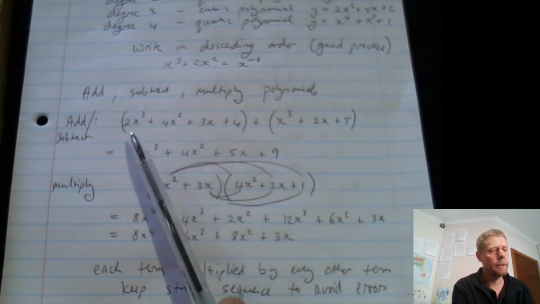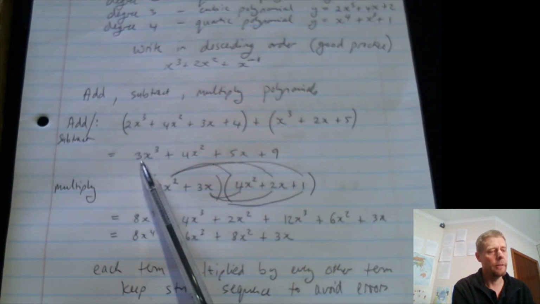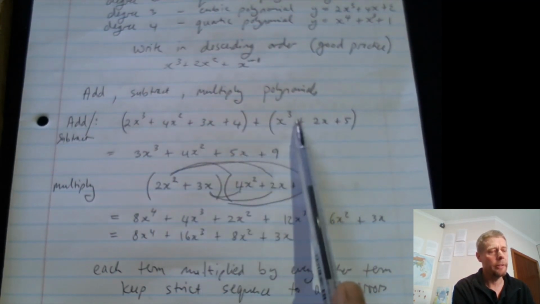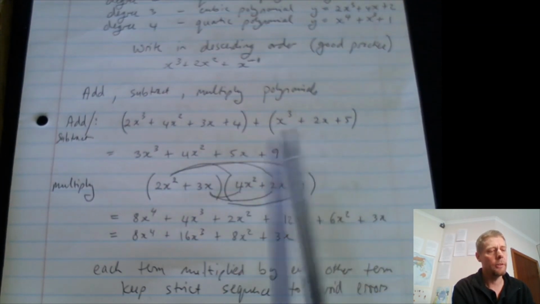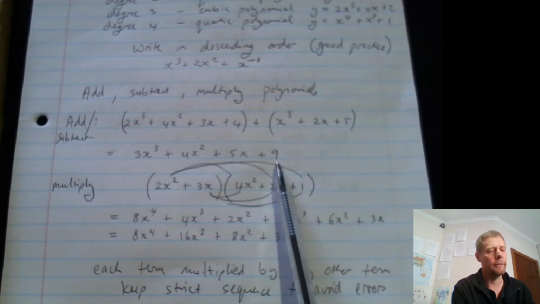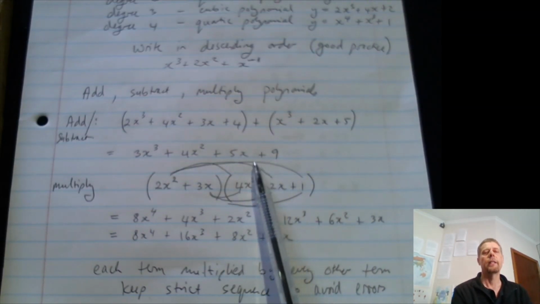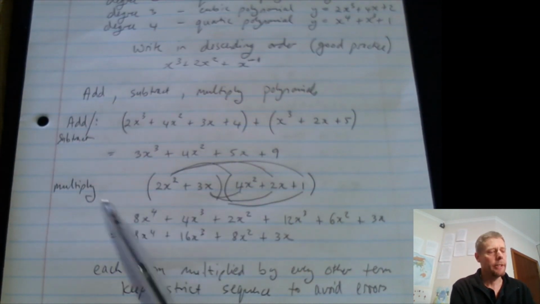And when we add them, it's 2 plus 1 gives you the 3x to the cube. Then we get 4 plus 0, because there's no x squared, remains 4x squared. 3 plus 2, 5, and 4 plus 5 is 9. So adding and subtracting is done in much the same way. It's pretty straightforward.